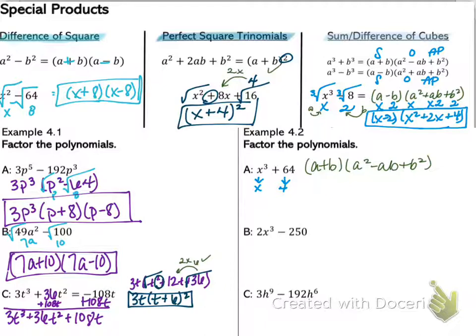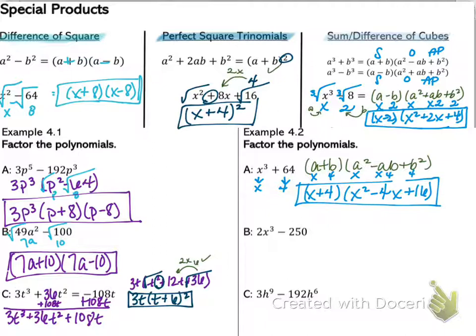Now that we have that, remember it represents our a and b, so we're going to plug it into those corresponding spots. A gets all the x's, and all the b's get 4s. Then we're going to rewrite it all pretty. It'll say x plus 4 times x squared minus 4x, and then 4 squared is going to give me 16. So that's going to be our answer.